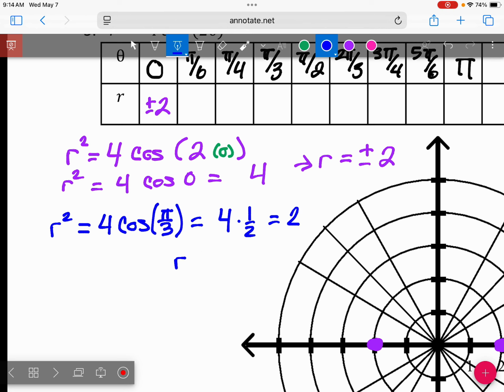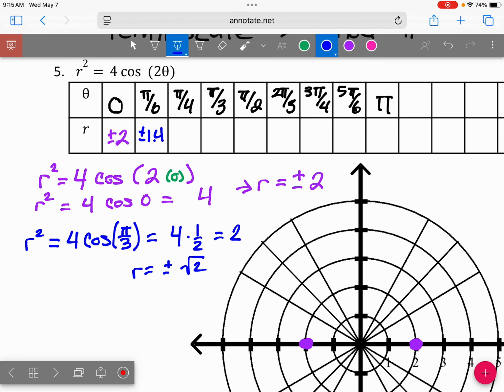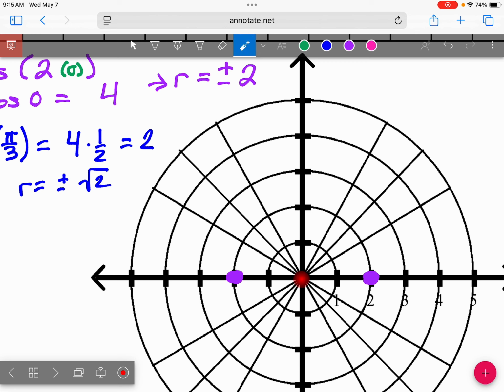So what does r equal? Yeah, but it's plus or minus that square root of 2. Square root of 2 is also, since we're looking at it decimally for graphing, 1.4. So we're going to have positive or negative 1.4. So on our pi over 6 angle here, we're going to have at positive 1.4 a point and at negative 1.4 a point.